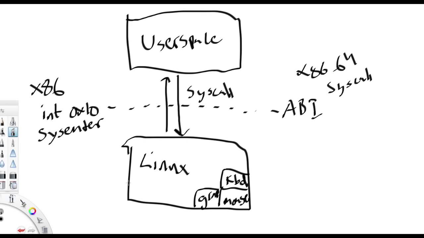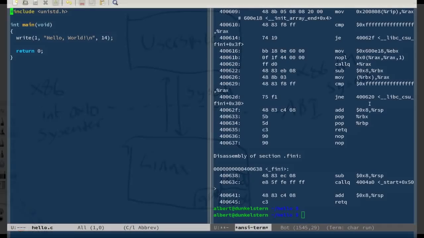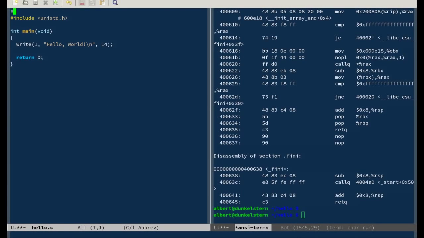And one syscall could be to write a string to standard output. And then the Linux kernel decides what standard output really is. It might be a terminal window or something like that. In addition to unistd, you can include sys/syscall.h. Here instead of write, you can put syscall.